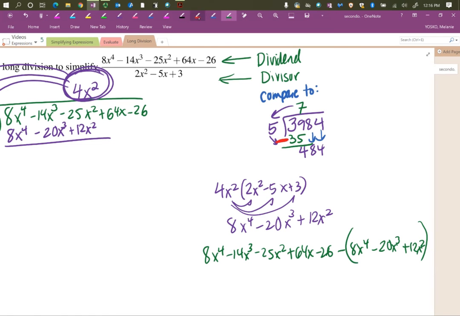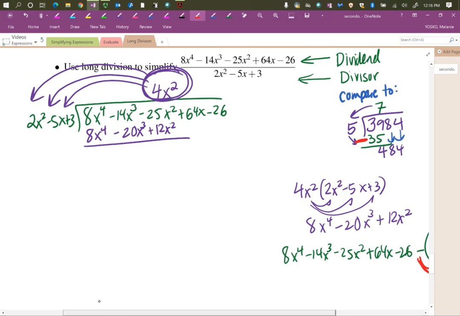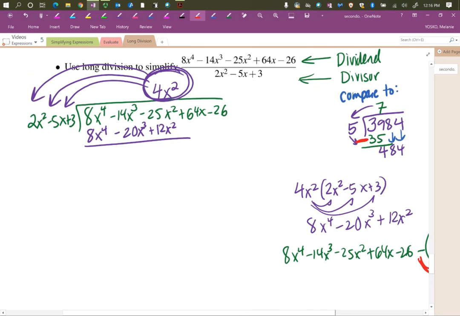So when you have a negative out front of parentheses, you would distribute it, right? When you multiply every term in those inner parentheses by negative 1, what you're really doing is changing every sign. So when we subtract, we're going to change every sign. I'm going to do it in red. Change every sign.